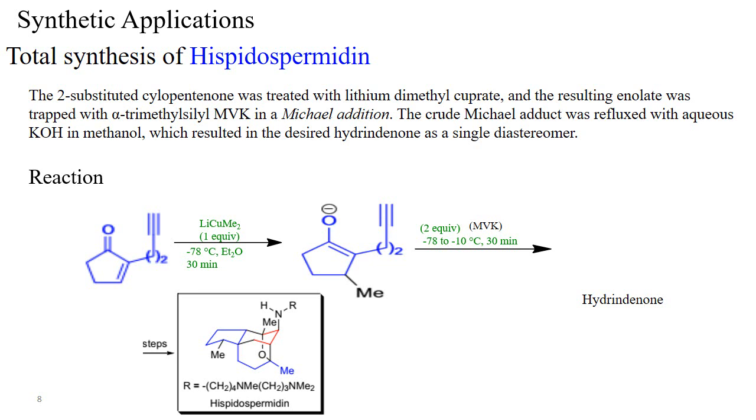So this negative charge will come back, and this pi bond will attack at the beta carbon, because the beta carbon is more electrophilic as compared to the carbonyl carbon, and this methyl vinyl ketone derivative upon reaction with this enolate will be converted to another enolate.